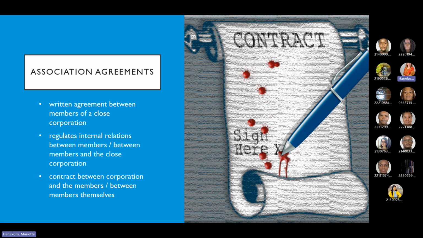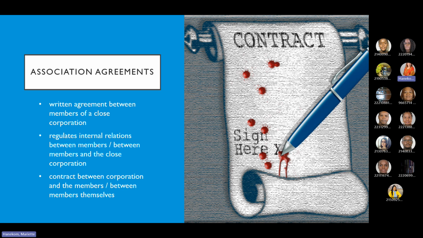So you don't have to enter into an association agreement. This association agreement can also be entered into at any time. It doesn't have to be when the closed corporation is first registered. It can be done at a later stage, should you want to.